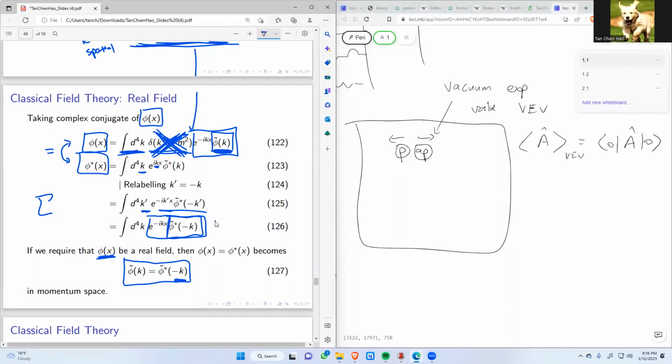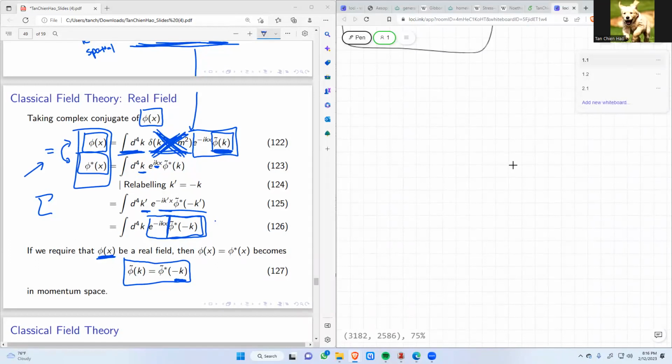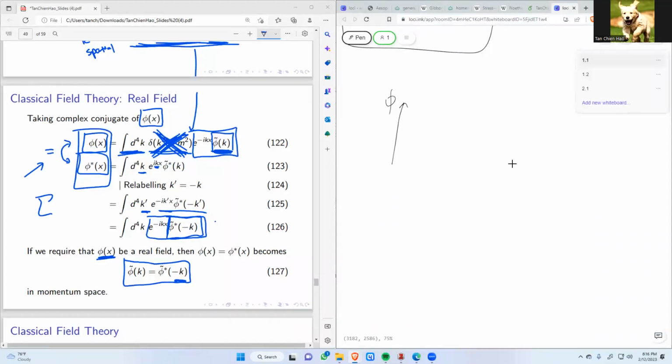So you may be wondering, if the left hand side is equal, why does it imply that each of the components are equal? It makes more sense if you think in terms of Fourier space, meaning that you think of phi as a vector in the function space, and then this is also phi star.